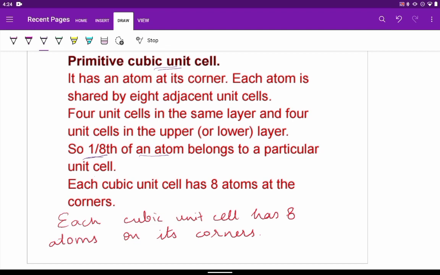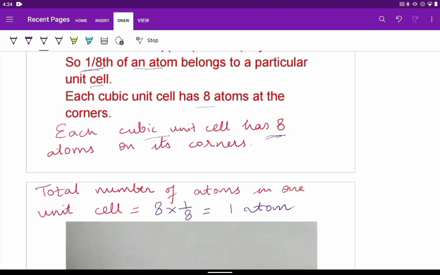So each cubic unit cell has 8 atoms at the corners, and the total number of atoms in one unit cell will be 8 into 1/8, because only 1/8 of the atom belongs to a particular unit cell and like that there are 8 atoms. So 8 into 1/8, that is equal to 1 atom.